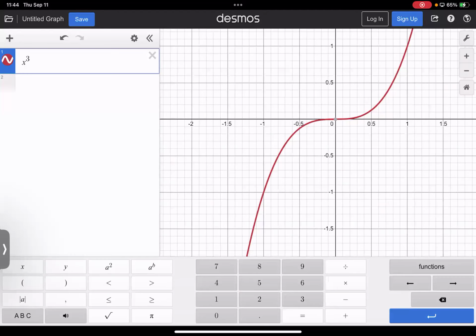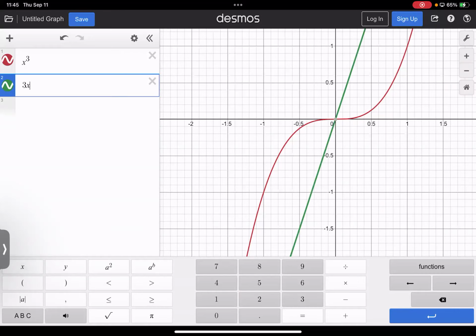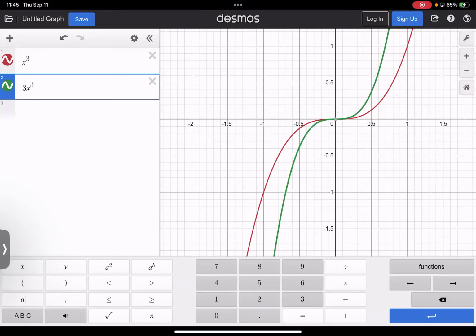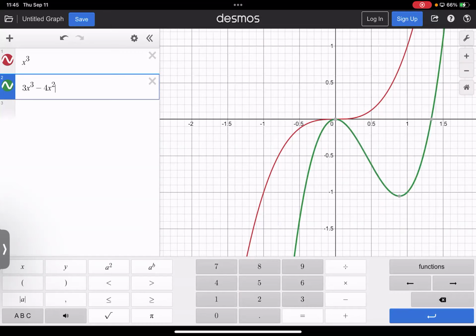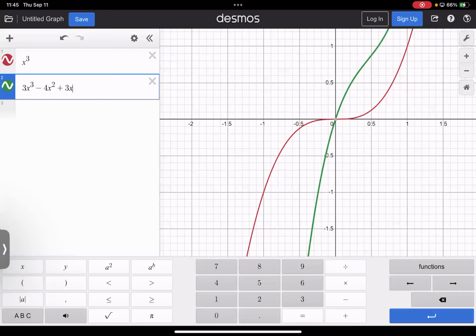Okay. What if you do something really crazy? 3x to the power of 3 minus 4x squared plus 3x minus 9.